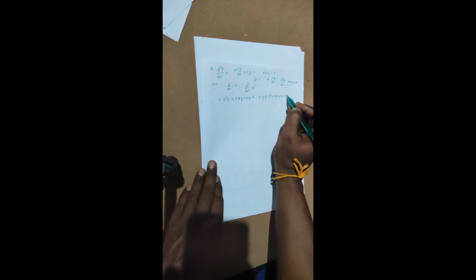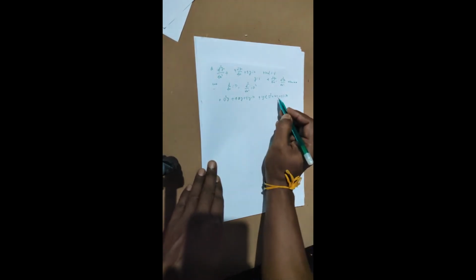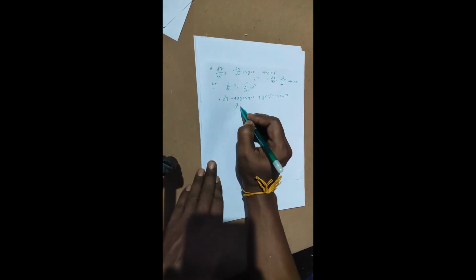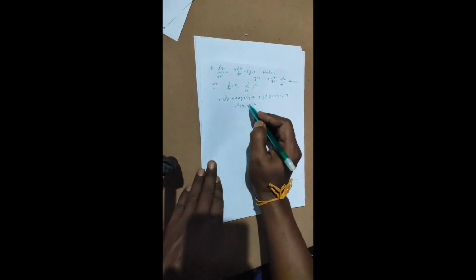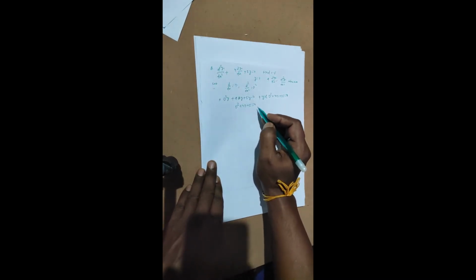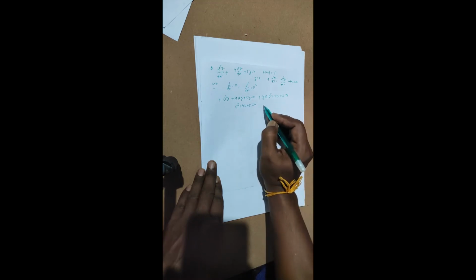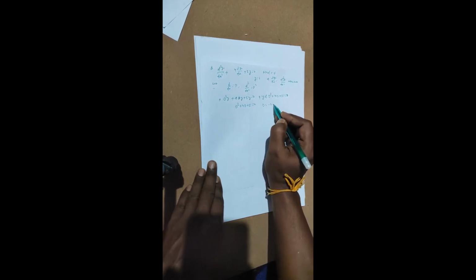If you calculate the value using the quadratic equation formula, D is equal to minus 2 plus or minus i.